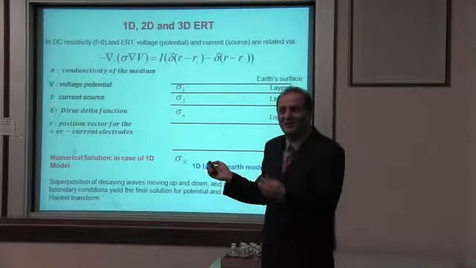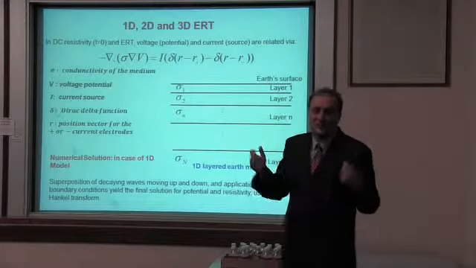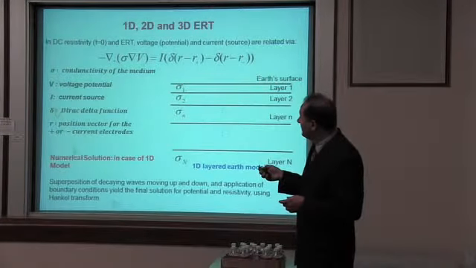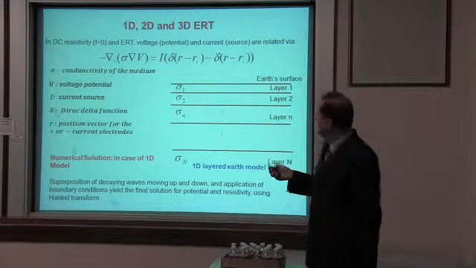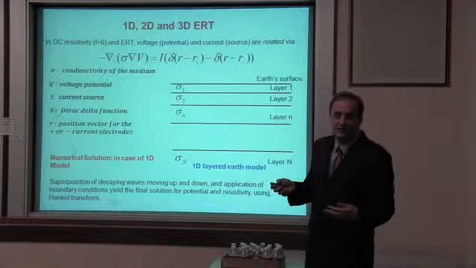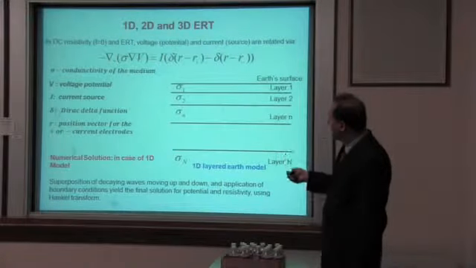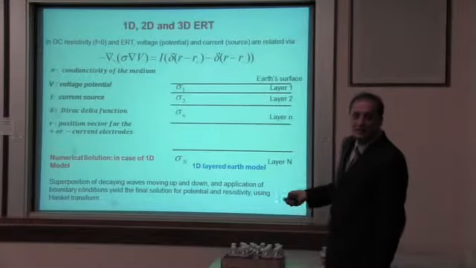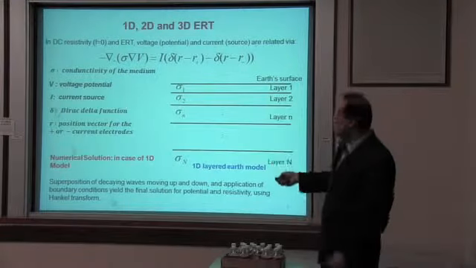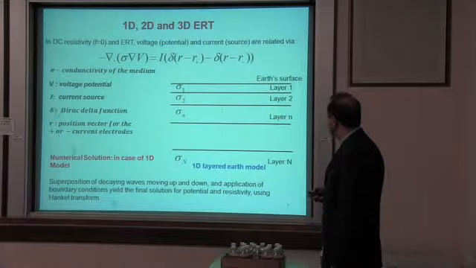I promise this is the only equation in my presentation. This is the Poisson equation, where V is the voltage, I is the current, and sigma is the conductivity. Once you inject the current, it passes through each layer, and coming back, numerically speaking, you can measure the voltage drops all the way back to the surface.